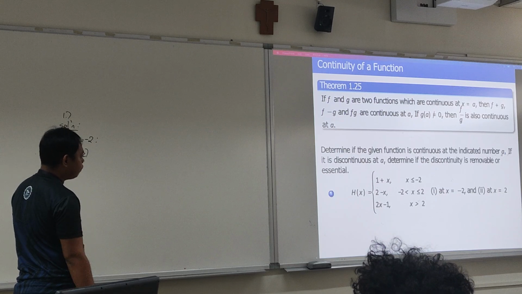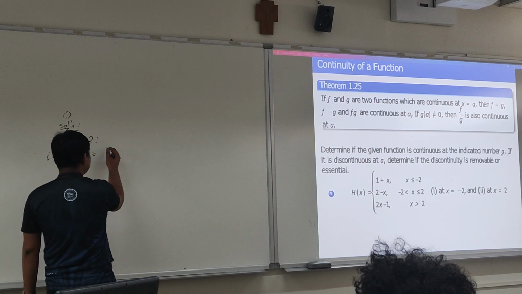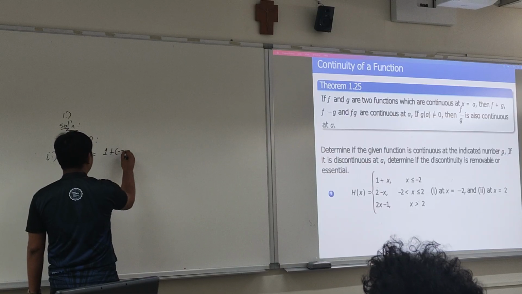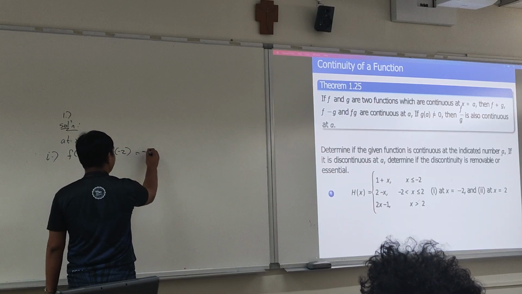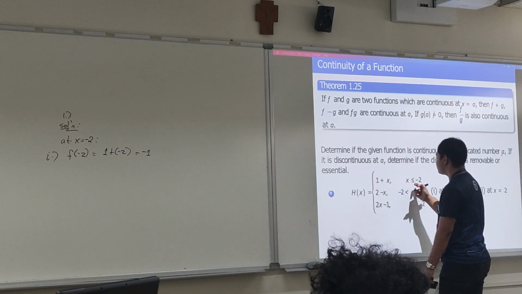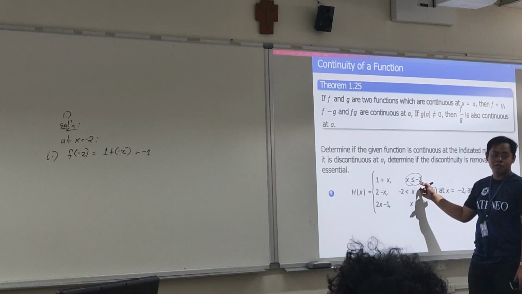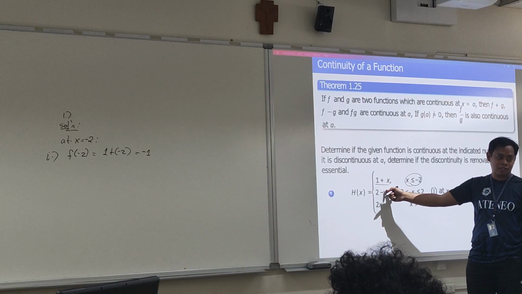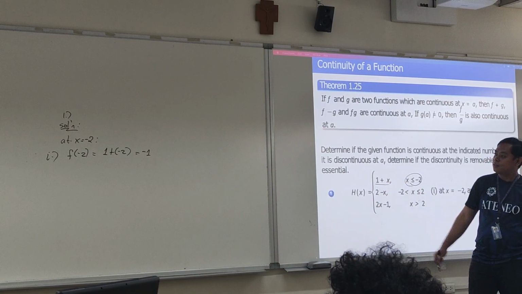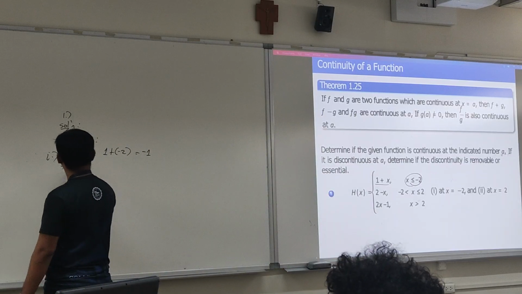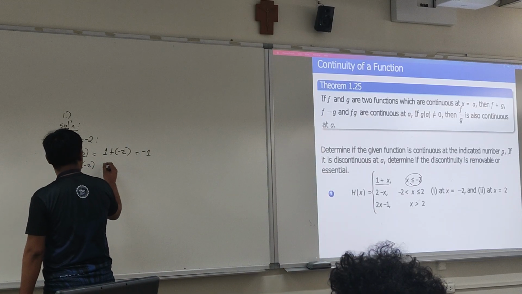So what is f of negative 2? This is just 1 plus negative 2, and you will get negative 1. So you use this one, where x is less than or equal to negative 2, using the definition of your function. So your f of negative 2 is negative 1.